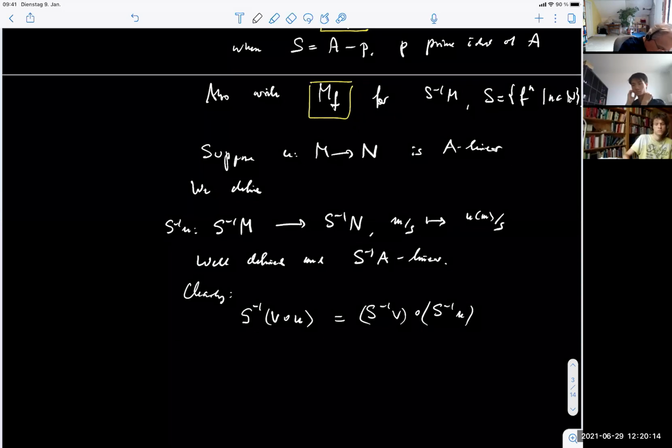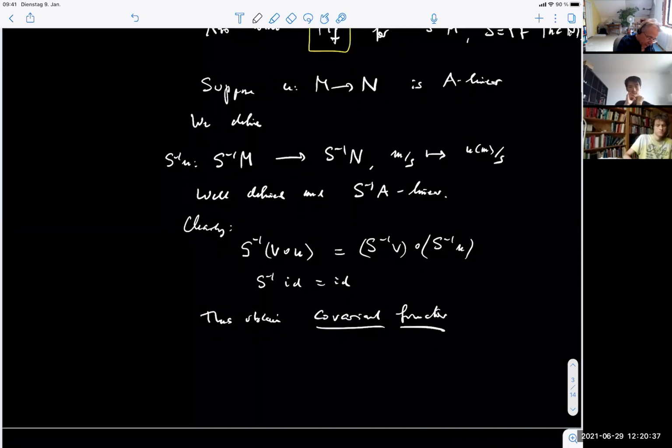Okay, and if I localize the identity map, I get the identity map on the other space. So this means I have a covariant functor, between two categories.